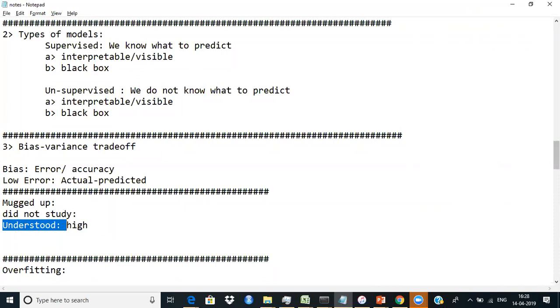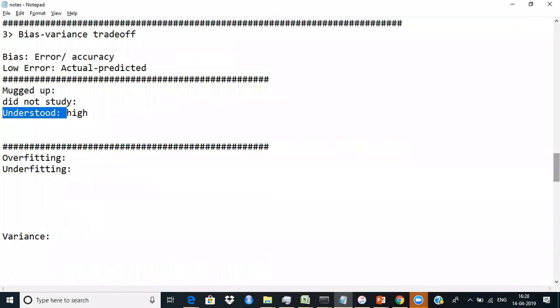So overfitting is a scenario when your model has learned the data so well that it is not able to generalize. So you have to understand, when you are building a model, you are building that model on a sample of data. You cannot build the model on the whole world population, right? And when you build the model, you expect the model to perform well outside that sample of data. Make sense?